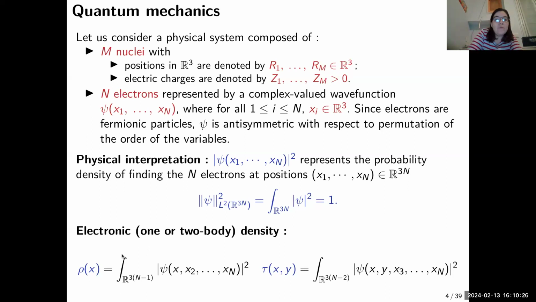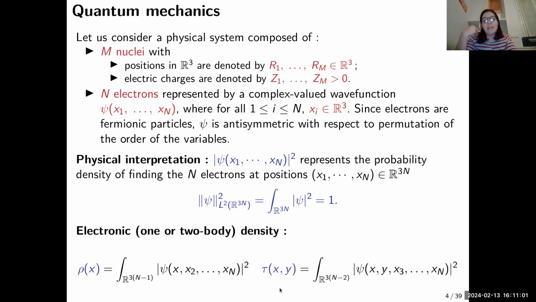And it's equal to the integral of the squared modulus of the wave function psi integrated over all vectors of R3 except one, which is x. So this is a function only defined on R3, as opposed to the wave function, which is defined on R3n. Rho of x denotes the probability density of finding one electron at position x among the n possible electrons.